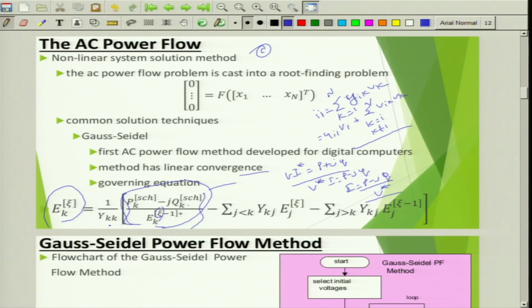This is for j equal to k. And for j less than k, j varies from 1 to n in total. For j less than k, we have found out the voltages, which means you are in the same iteration level.